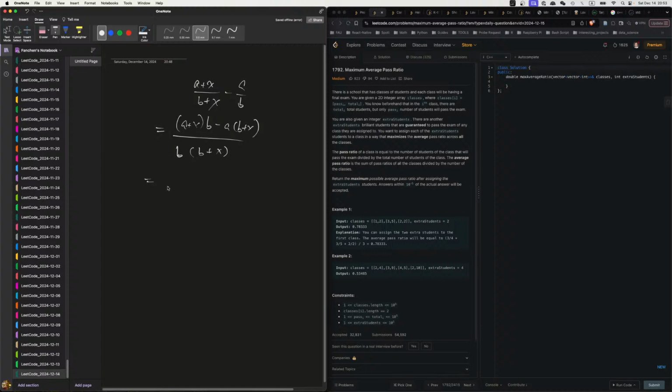Alright, so this is ab plus bx minus ab minus ax over the denominator. So this cancels, so we have b minus a times x over b times b plus x, right?